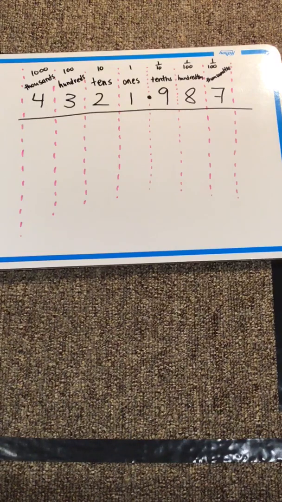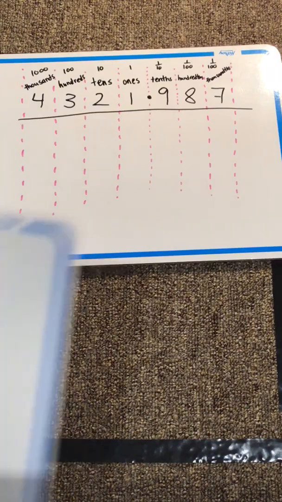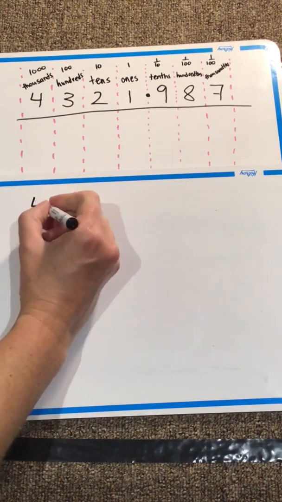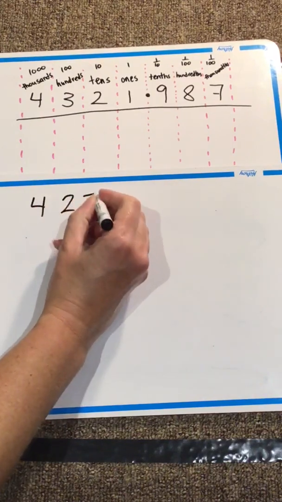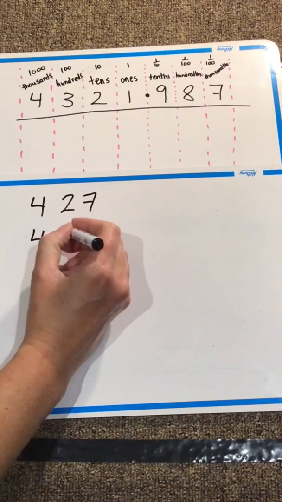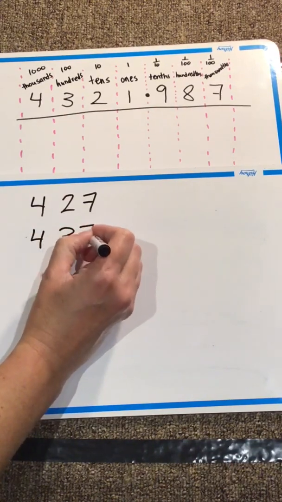Makes things super speedy. Now this place value chart can also be helpful if we need to compare two numbers. Okay, so let's say we had the number 427 and we wanted to compare it with the number 437.